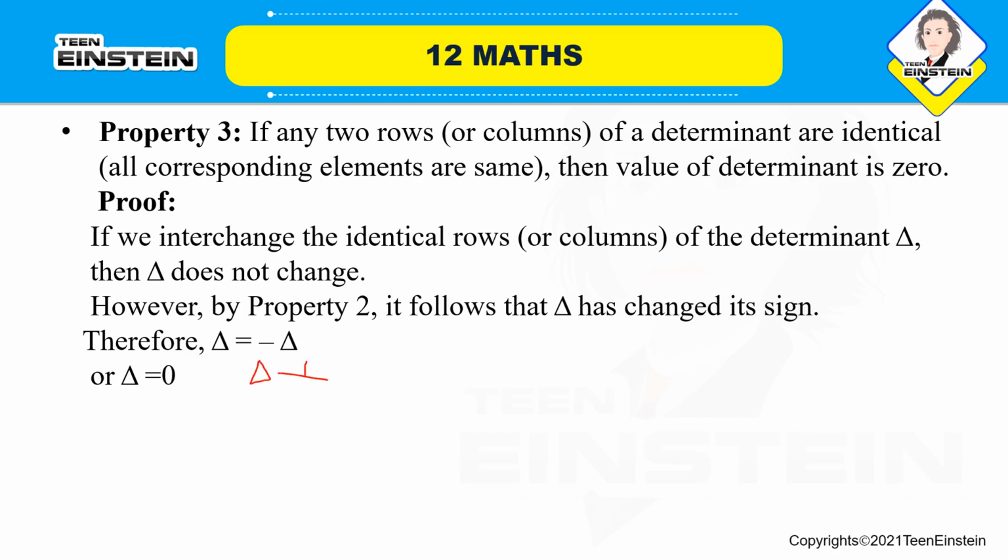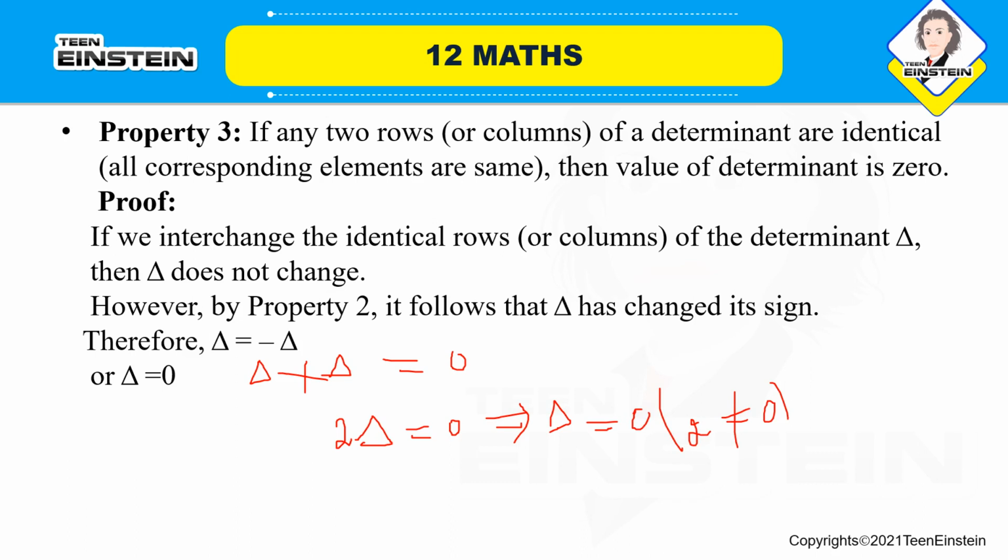Delta equal to minus delta, which implies delta plus delta is equal to 0, or 2 delta equal to 0, which implies delta equal to 0 as 2 cannot be 0. 2 is 2 only, it cannot be 0. So what is the only possibility here?